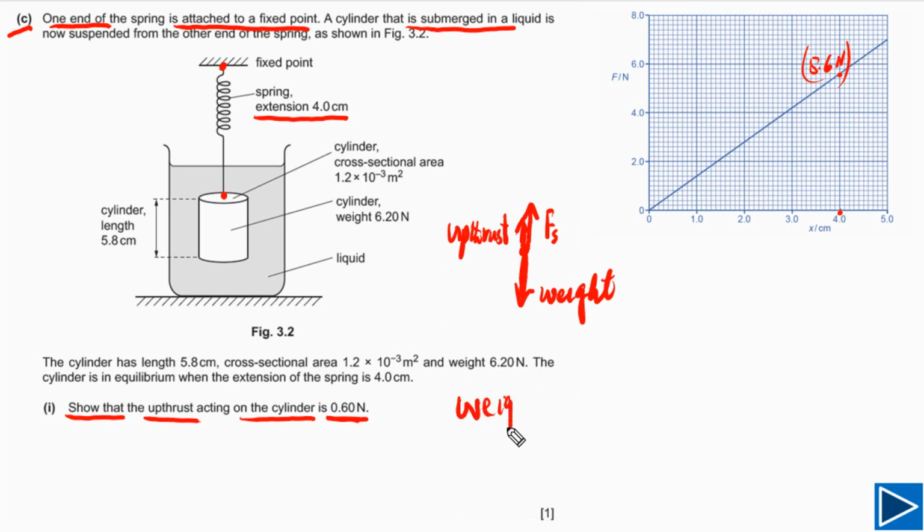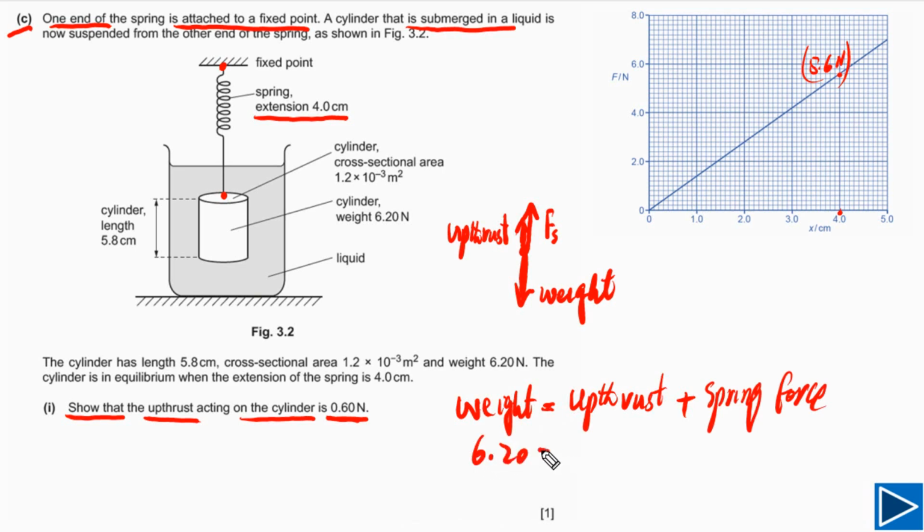Simply we can write down, in this case, as the cylinder is in equilibrium, it means upward forces has to be equal to downward forces. Downward force is weight in this case, and upward force is upthrust plus spring force. Value of the weight is given, that is 6.20.